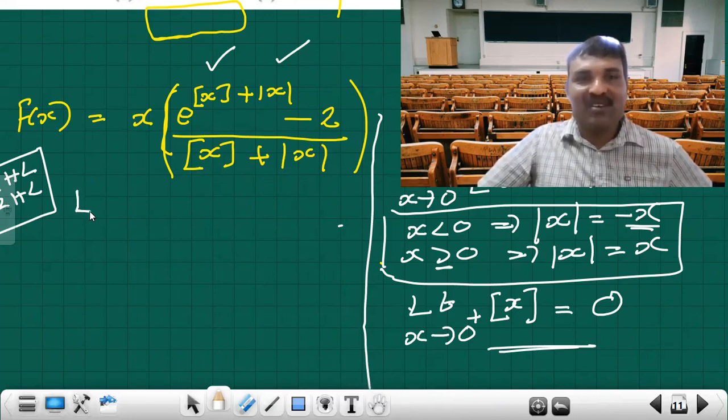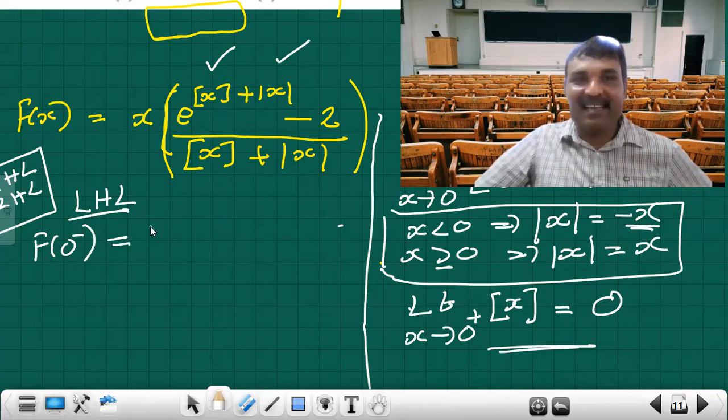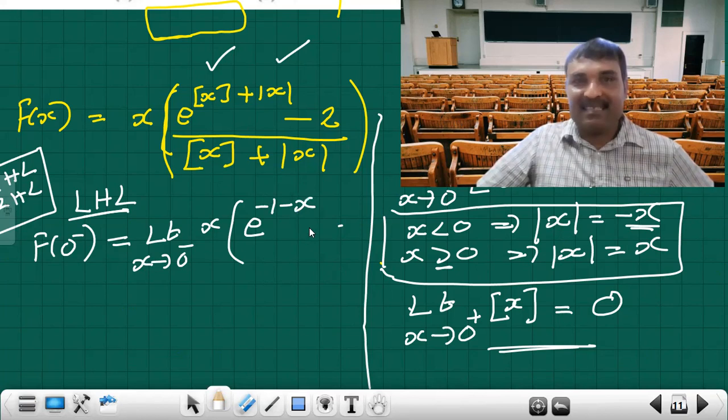Okay. So first I am evaluating the left hand limit, right? That is f of 0 minus, which can be written as limit x tends to 0 minus of x, right? Inside this bracket, e raised to the greatest integer function. The value of the greatest integer function is minus 1 and mod x becomes minus x.